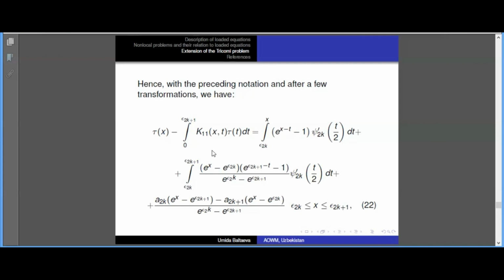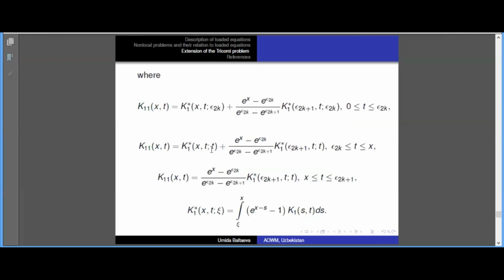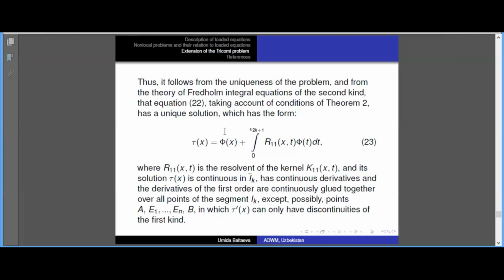We can prove existence and uniqueness with the theory and the method of successive approximations, and write the solution using the resolvent. We can find tau and nu for odd k also, and construct the solution from the hyperbolic and parabolic parts in the same way. In this way we prove the existence of the solution of the formulated problem.